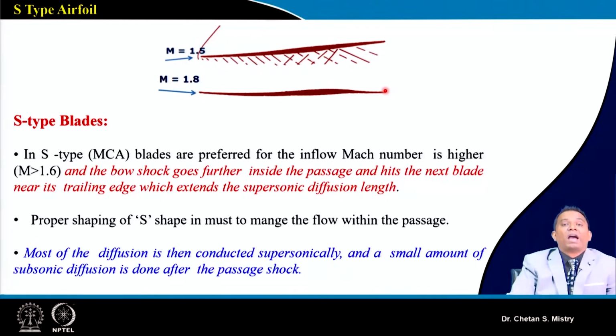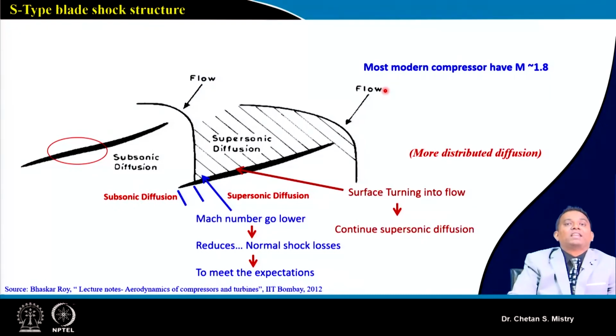When we have Mach number in a higher range, maybe 1.6 or 1.8, this kind of aerofoil is used, and here the flow management is very important. Most of the diffusion happens as supersonic diffusion, and in the later part we will have subsonic diffusion. So let's try to understand what exactly is happening.